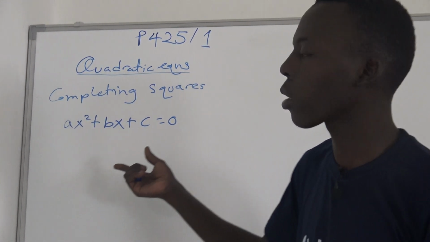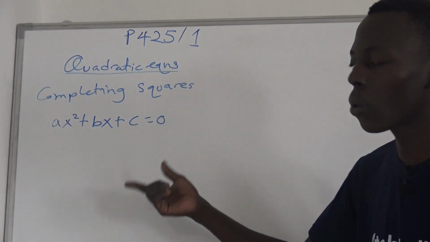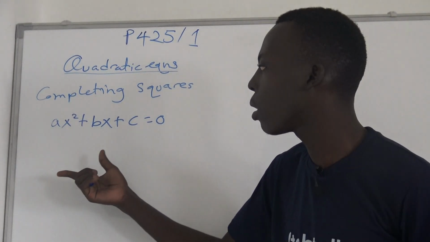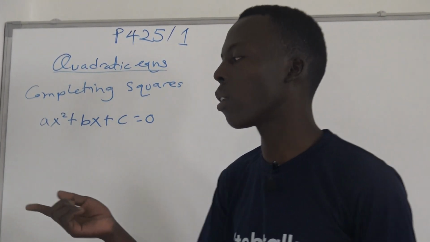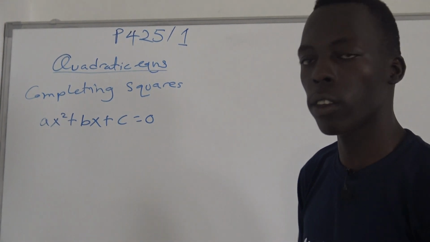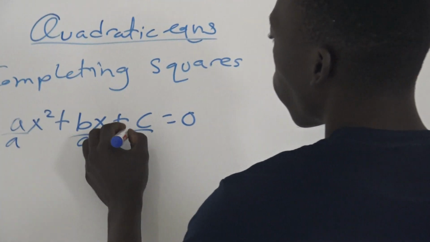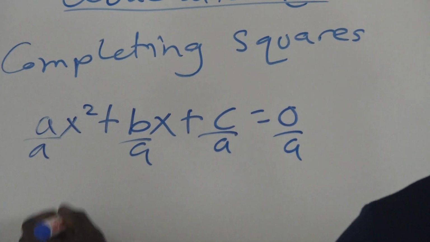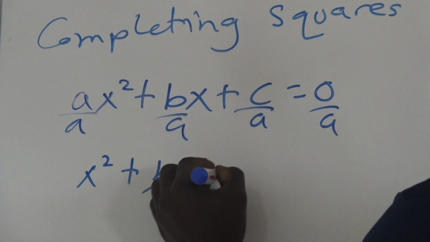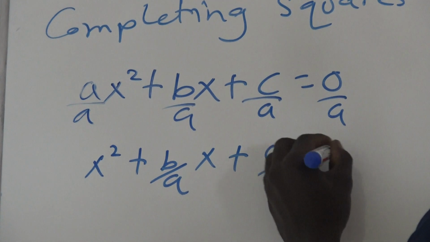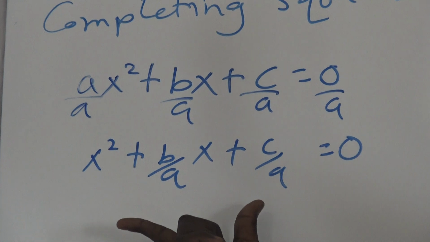Like in the other part, we must make sure that the a value has a degree of 1. So here it is the same thing. Make this one have a degree of 1 by dividing all through by a. So this will give us x squared plus b out of a x plus c out of a equals 0.